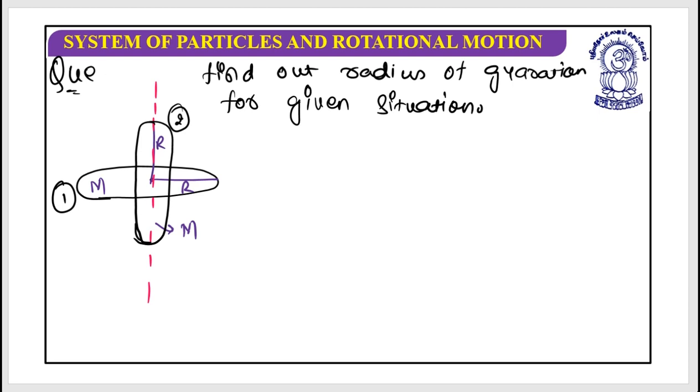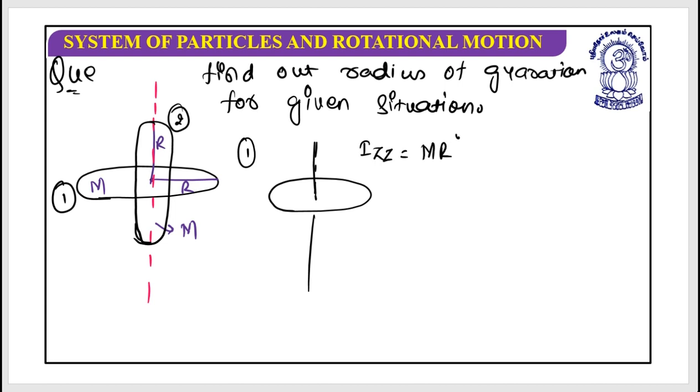How will you do this? So what I understand is, for the first ring, the situation is something like this. It is just the I ZZ, which could be written as MR square for the ring. And for the second ring, both are rings, and the situation is something like this.